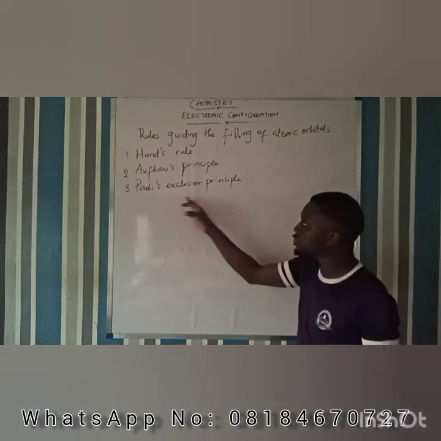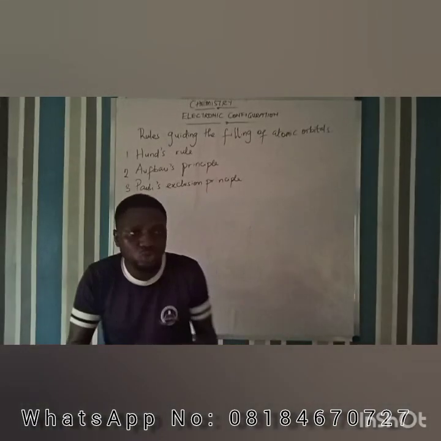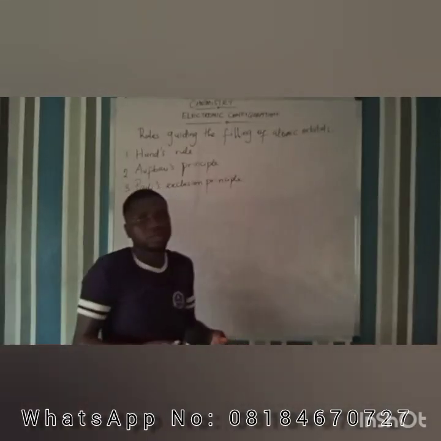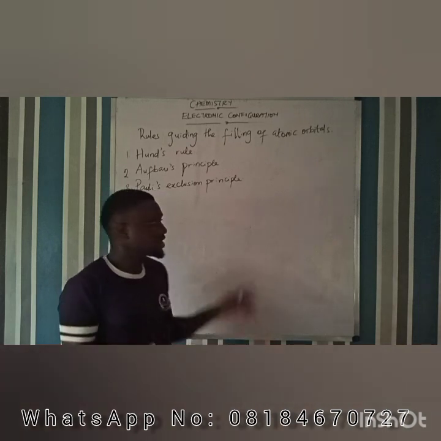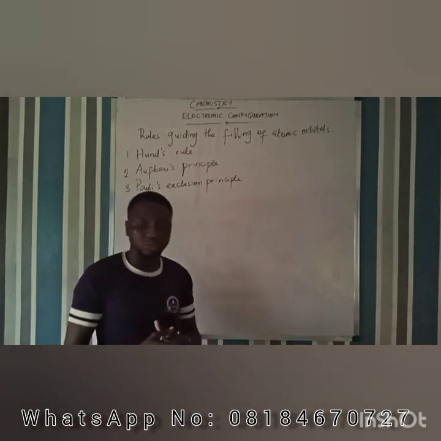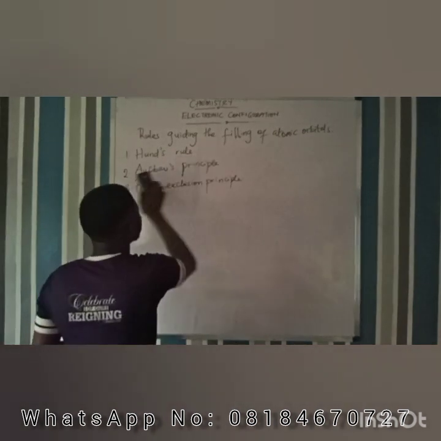Then the Pauli exclusion principle tells us that it is not possible for us to have 2 same quantum numbers. We can explain that with the spin, which I will show you by the time we are filling the atomic orbitals. Now let's go into details of the electronic configuration.